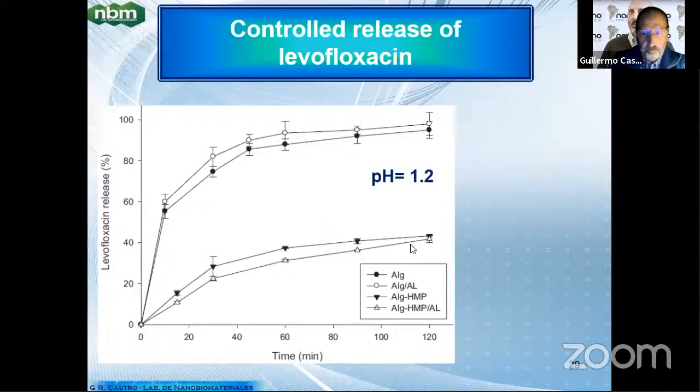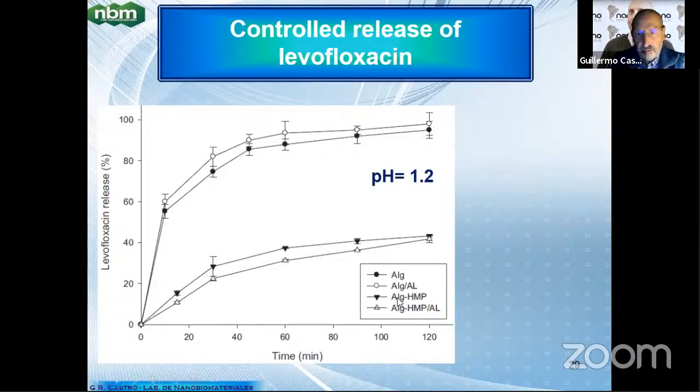However, when we add pectin to the structure, as you can see, in 2 hours we have a difference between 40% and about 90%. So it will be something like a 50% difference, which means that we can control the release in two ways.